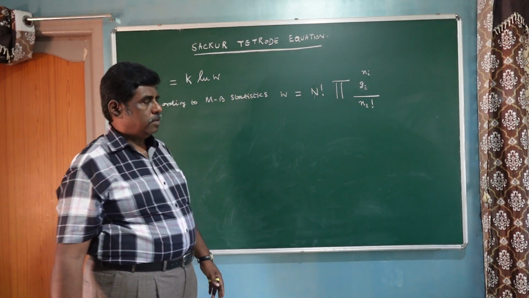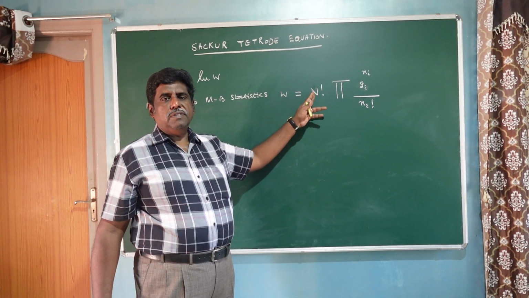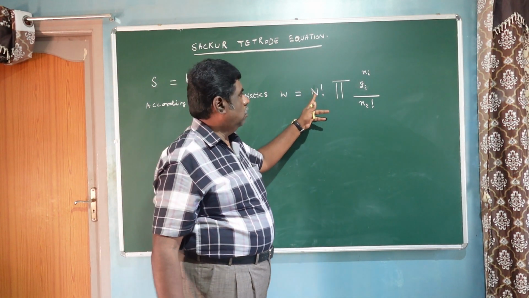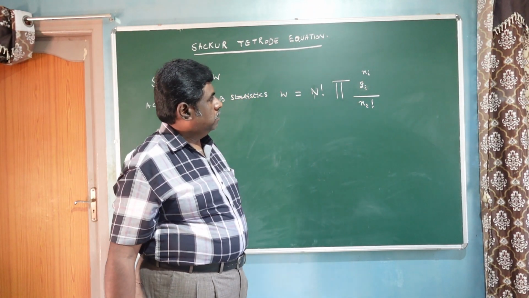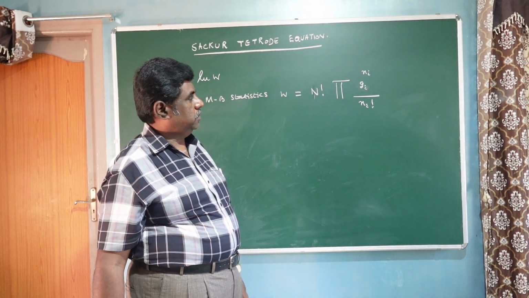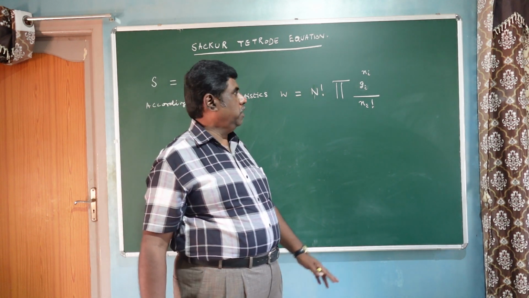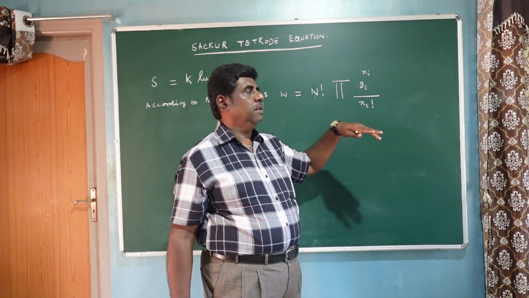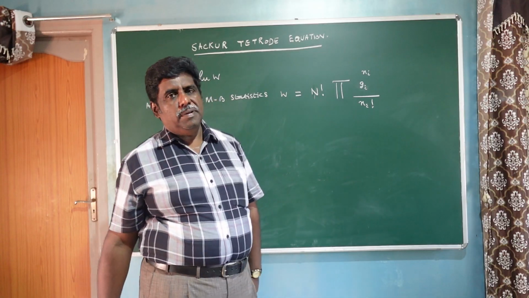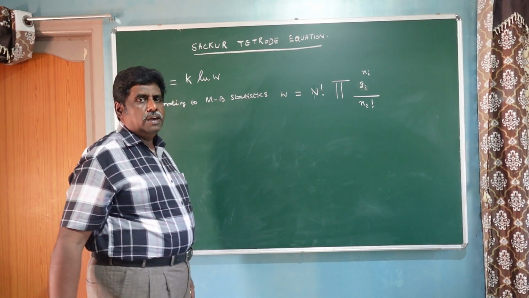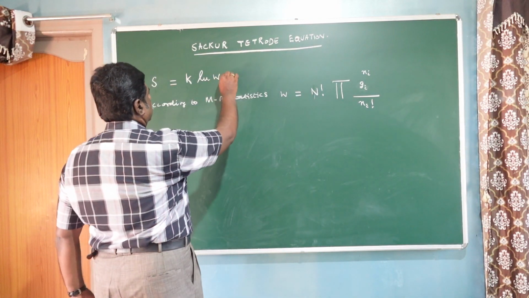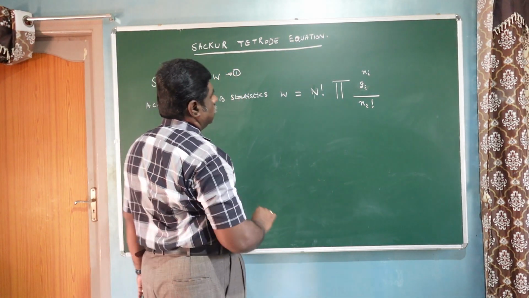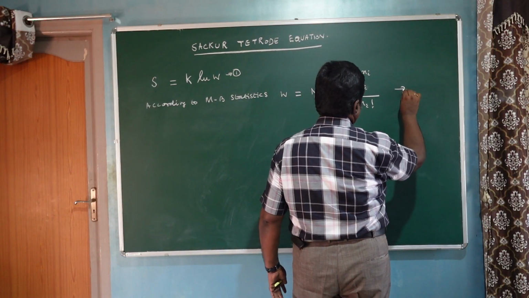See here, capital N represents the total number of molecules. Gi is our state of degeneracy, that is, the number of microstates in a particular energy level. Ni represents the number of particles occupying a particular state. So this is equation 1, this is equation 2.